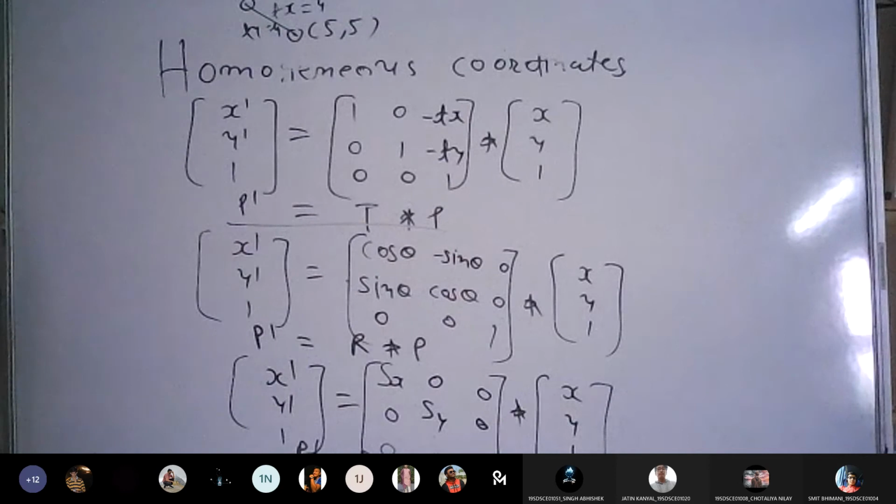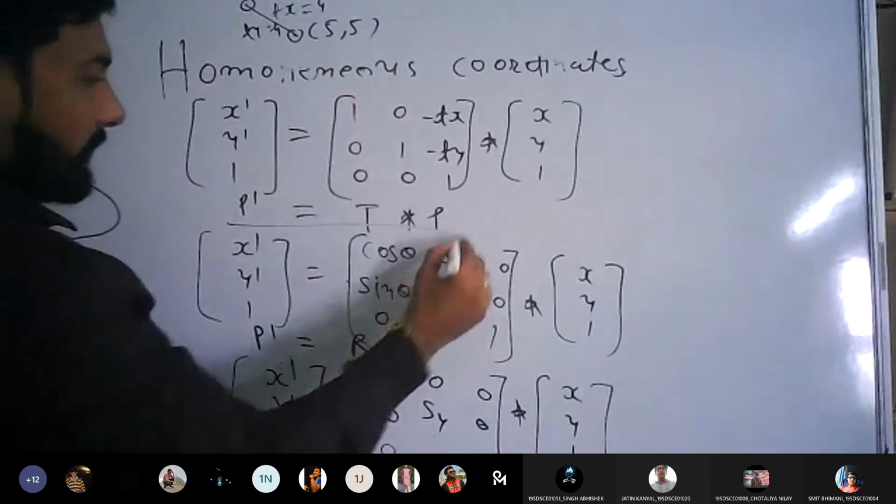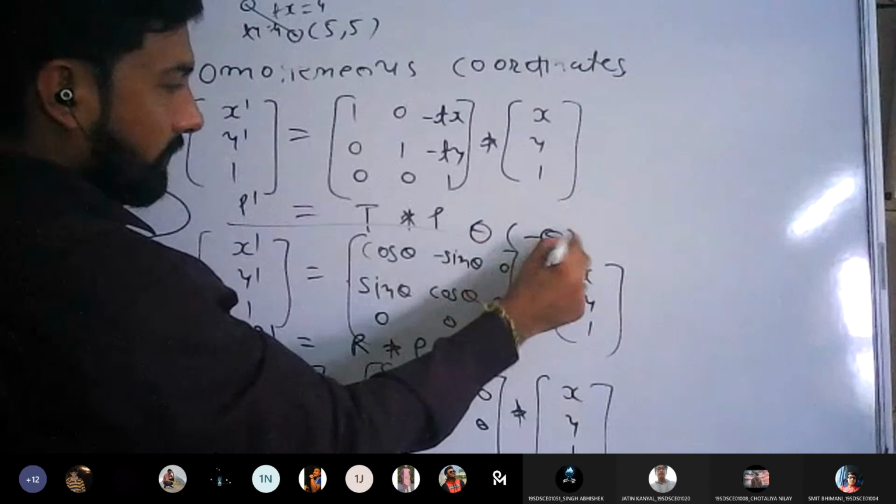Fine. So now can you tell me what I can do to get the inverse rotation? You can simply replace theta with minus theta. That's it. Here we replaced tx and ty with minus tx and minus ty; here you can replace theta with minus theta.